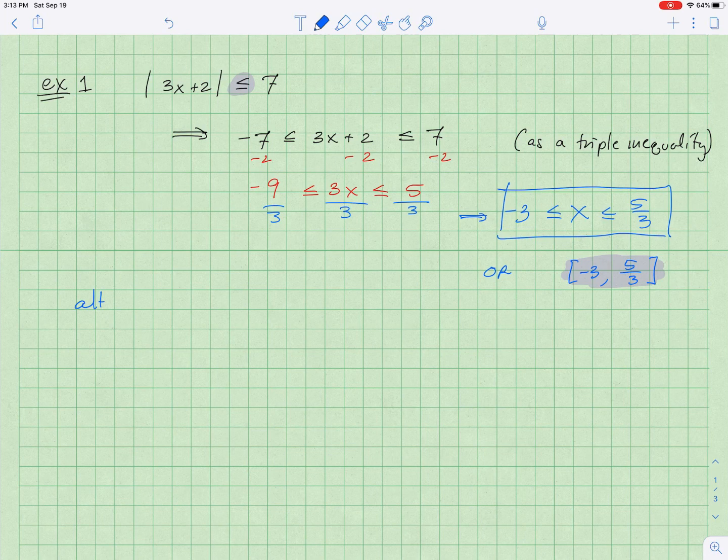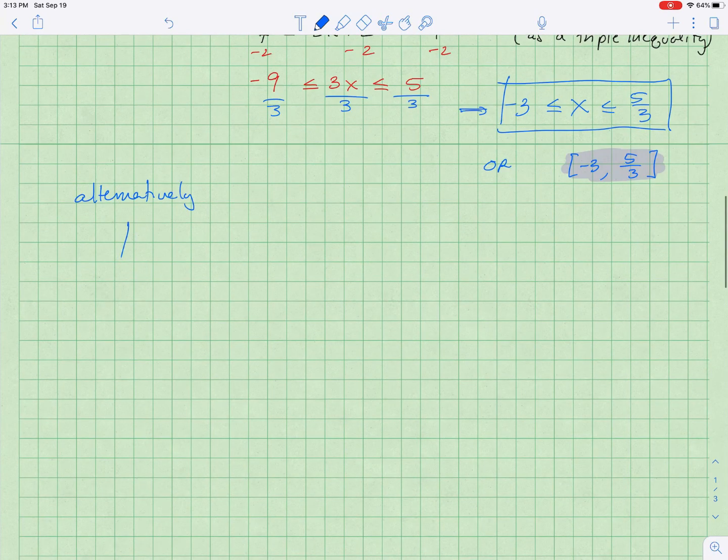Alternatively, we can take the absolute value of 3x plus 2 is less than or equal to 7, and we can break this up into 2 possibilities joined by the and statement.